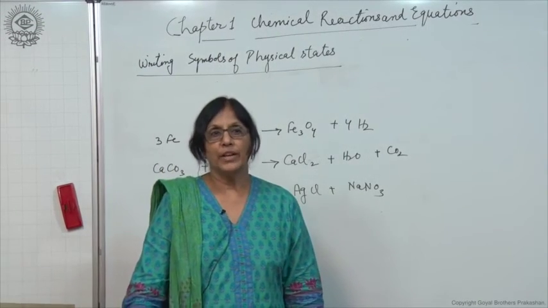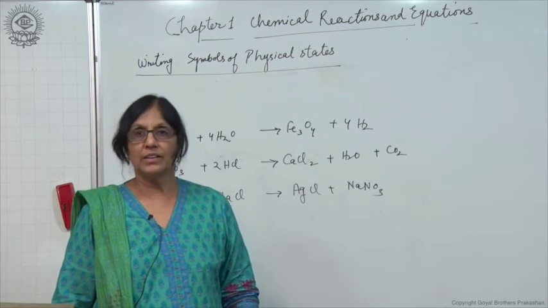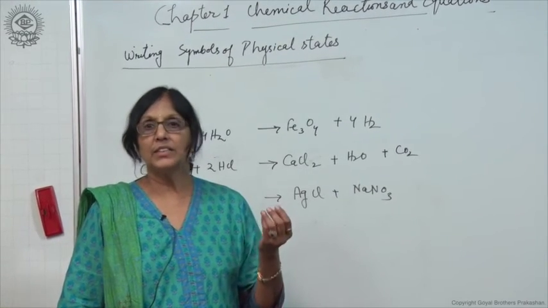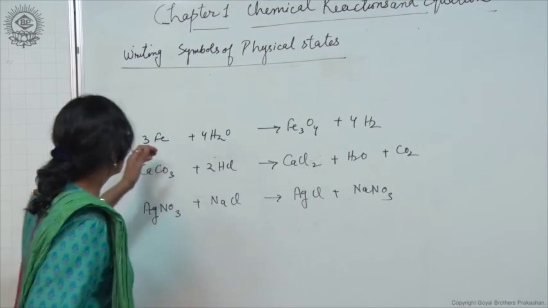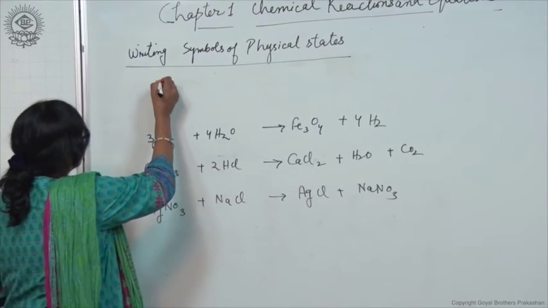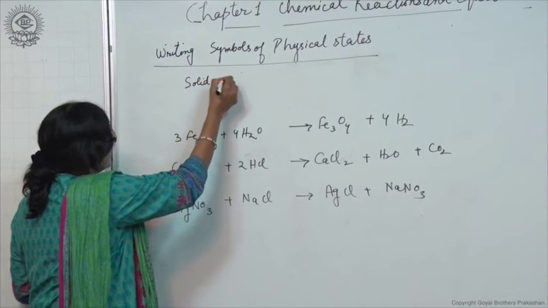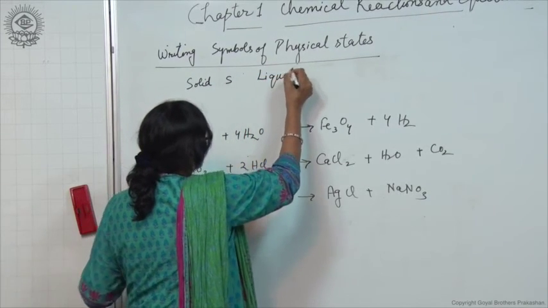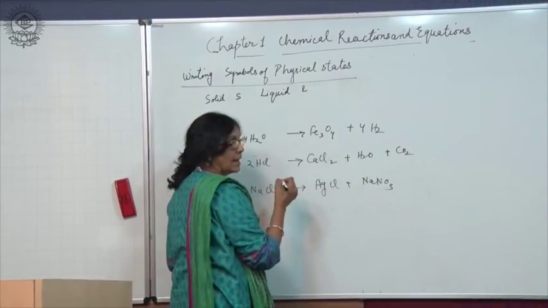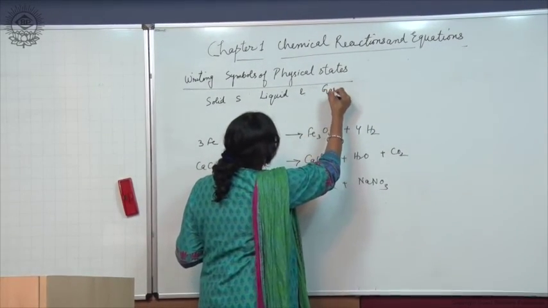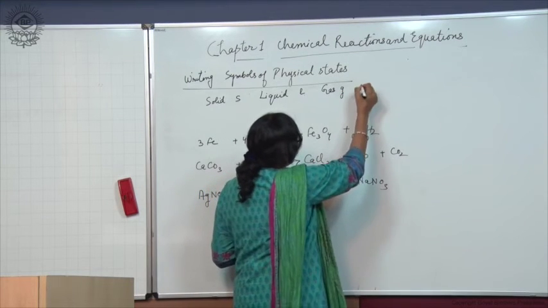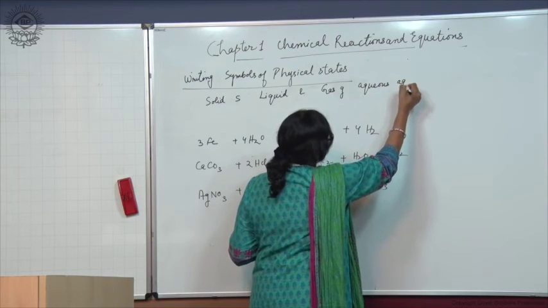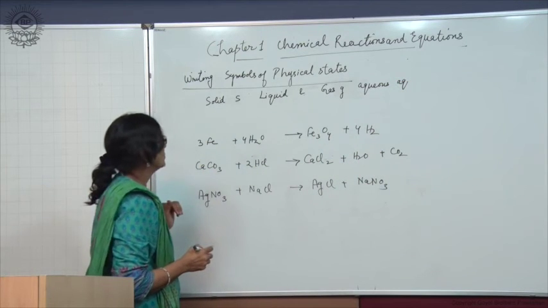A chemical equation can be made more informative by writing the physical states, by writing the symbols of the elements or compounds. For solid, we write S, for liquid L symbol, and for gas G, for aqueous solutions, aqueous means solutions in water, AQ.